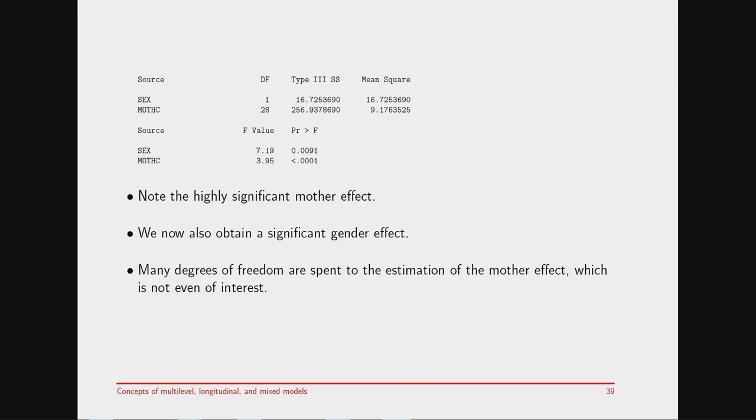You randomly sample from that population, and then based on that sample, you will estimate these population parameters, beta 0 and beta 1. And if you would repeat the experiment, so you would take a second sample, you would still be estimating the same parameters, beta 0 and beta 1, because these are population parameters.